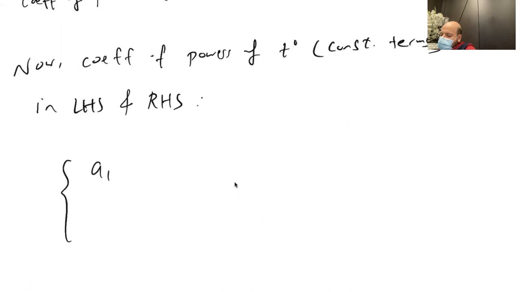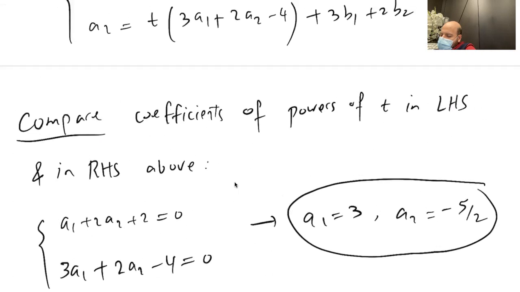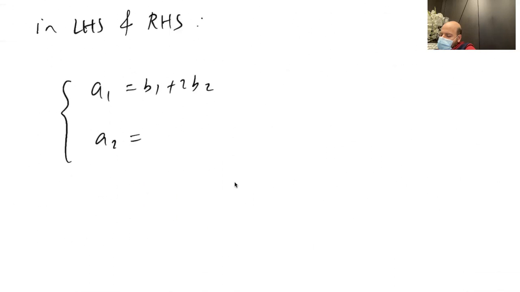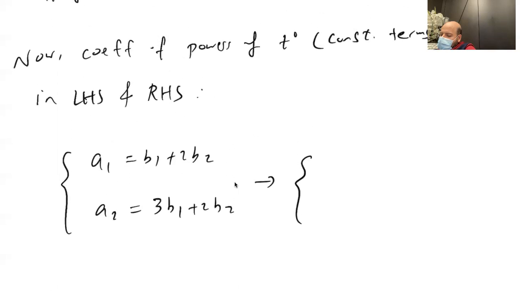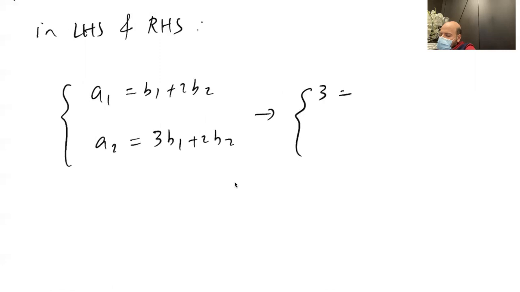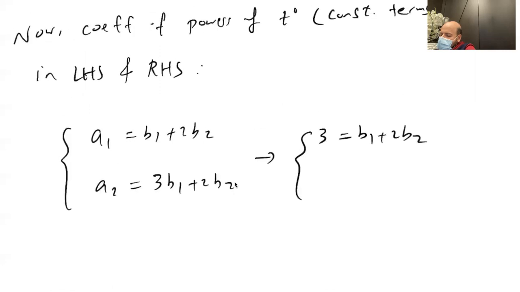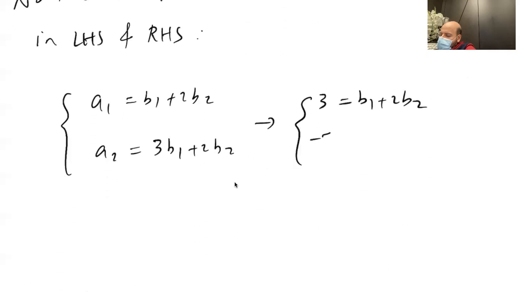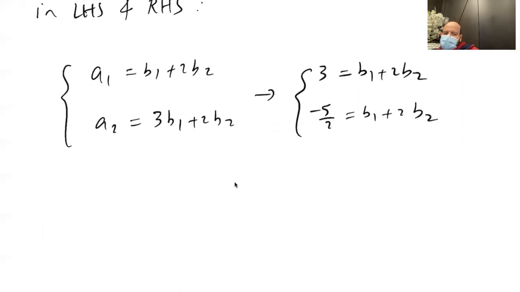So a1 was b1 plus 2b2, and for second equation a2 will be same as 3b1 plus 2b2. But we already know the values of a1 and a2. a1 was 3, and a2 was minus 5 over 2. And these two equations will give me the value of b1 and b2. b1 will be equal to minus 11 over 4. b2 will be equal to 23 over 8.